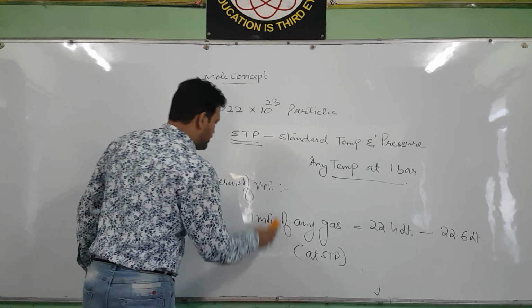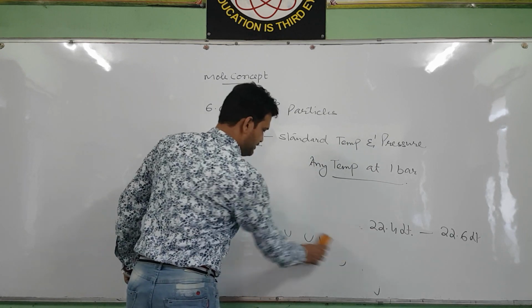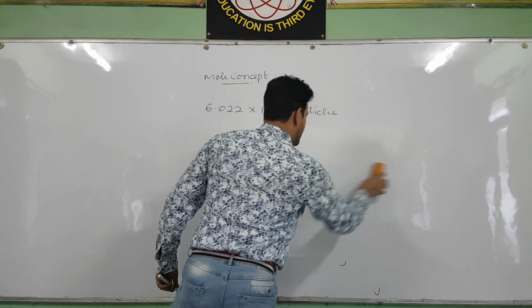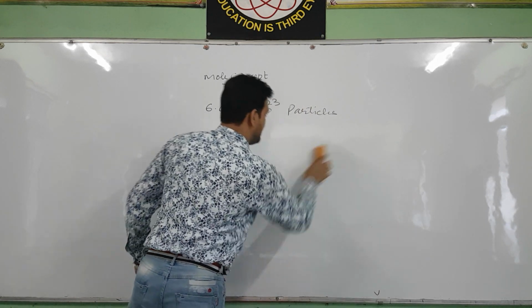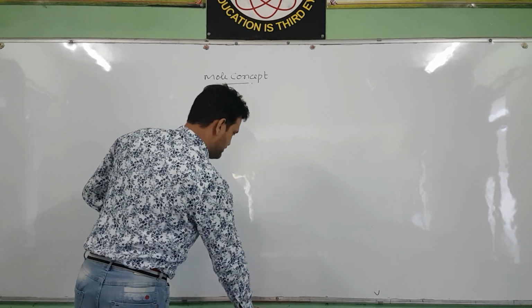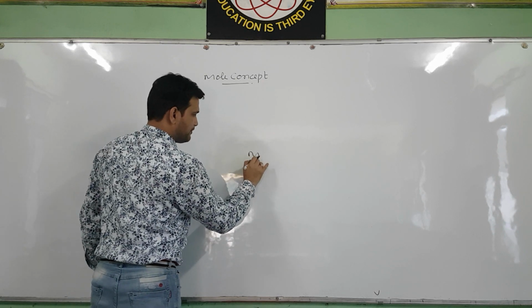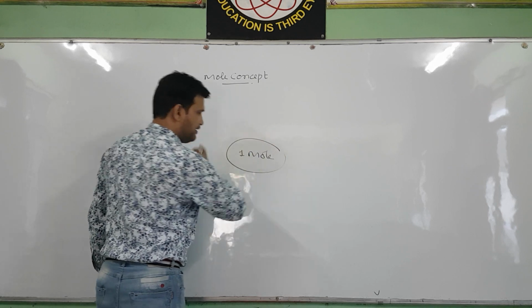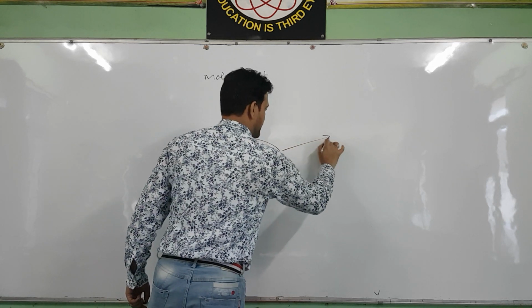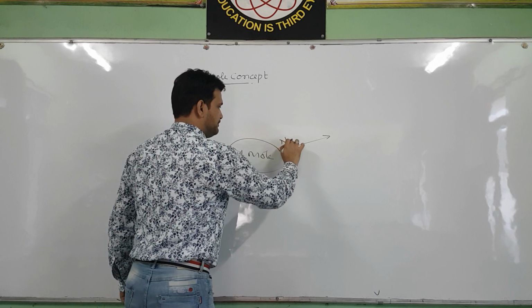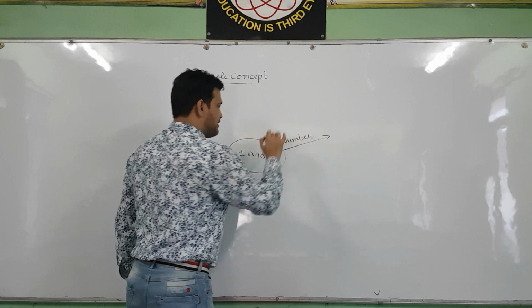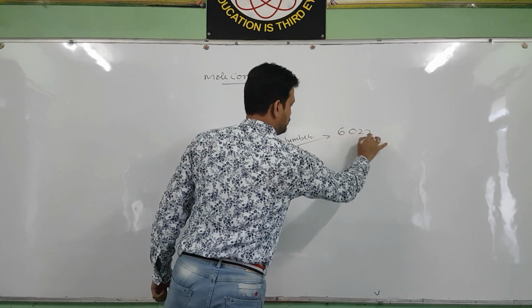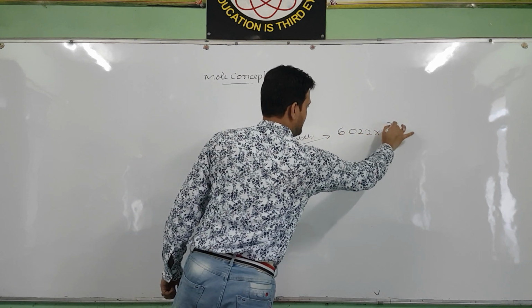So if we conclude, mole can be expressed in the following different ways. 1 mole in terms of number is 6.022 into 10 raised to the power 23.